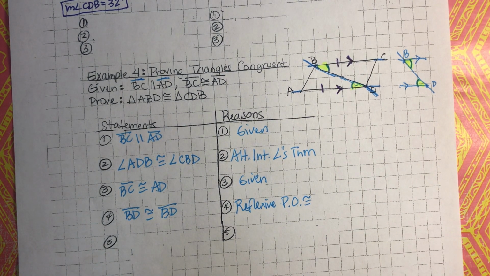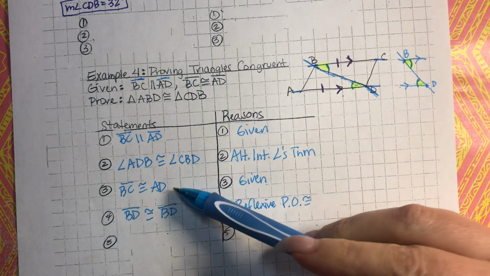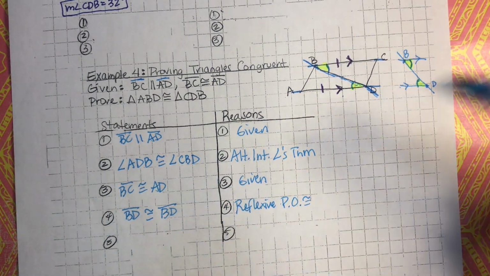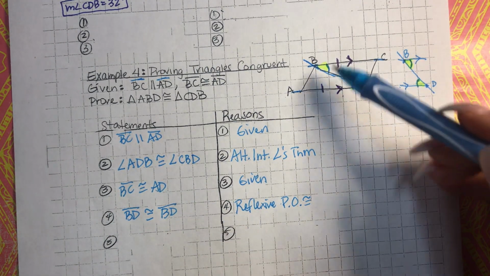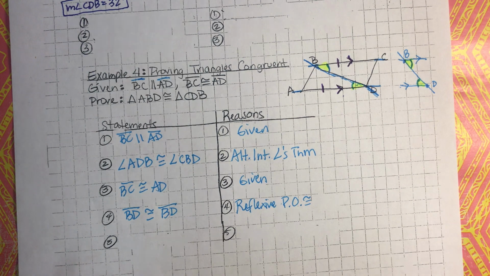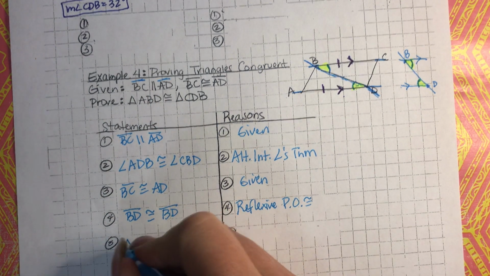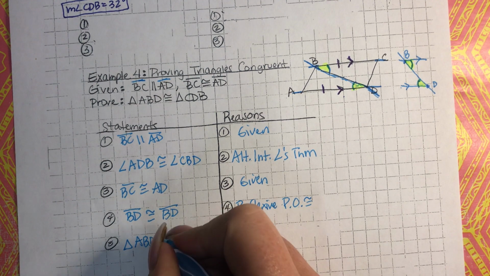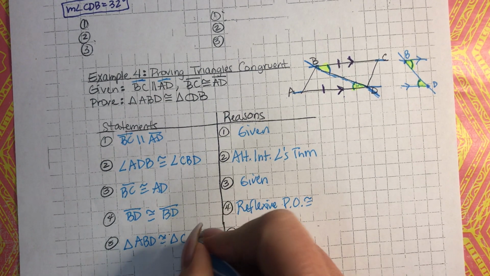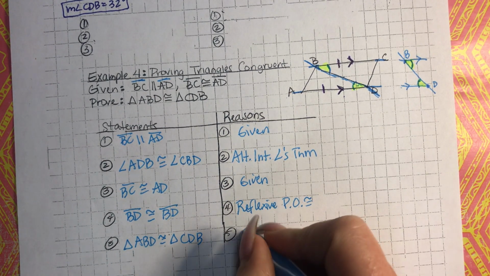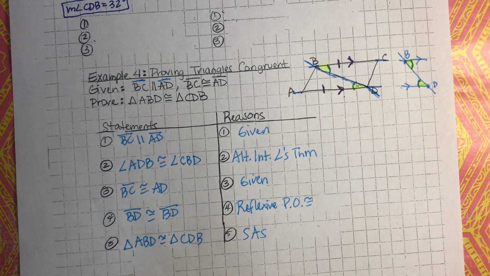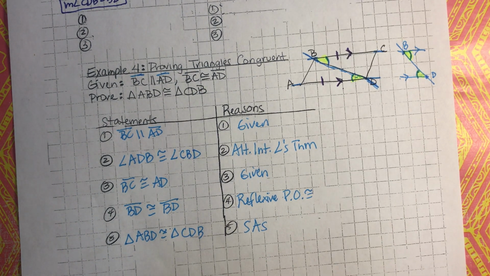So there we have it. We have our side, angle, side, side, angle, side, and side, angle, side. So we can say that these two triangles are indeed congruent. Triangle ABD is congruent to triangle CDB because they are sassy, side, angle, side. All right, perfect. Let's go ahead and look at our next example here.